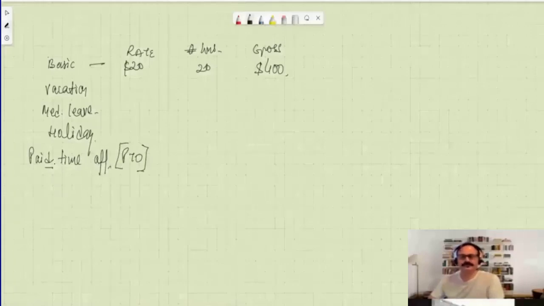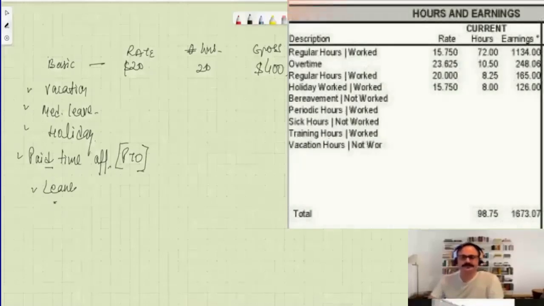You utilized those leaves, or you were sick, that comes under medical, or you simply took a casual leave, right? So there could be leave. Remember all these five factors, 1, 2, 3, 4, 5. Sometimes they could change their names from company to company. These are the components of your basics, right?